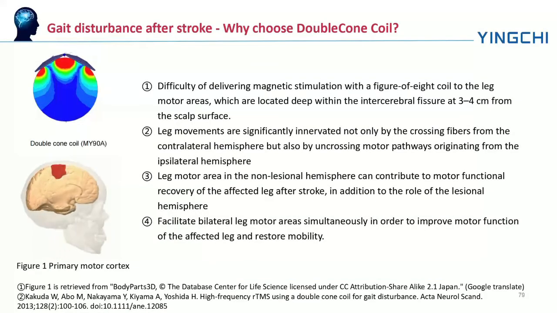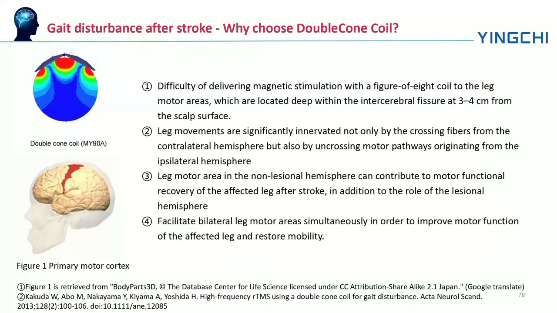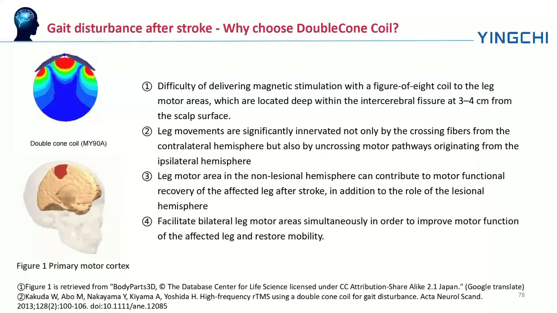In some studies, especially for gait disturbance or lower limb pain, several groups have applied rTMS focally with a figure-of-8 coil in post-stroke patients with upper limb hemiparesis and found that rTMS can improve motor function of the affected upper limb.